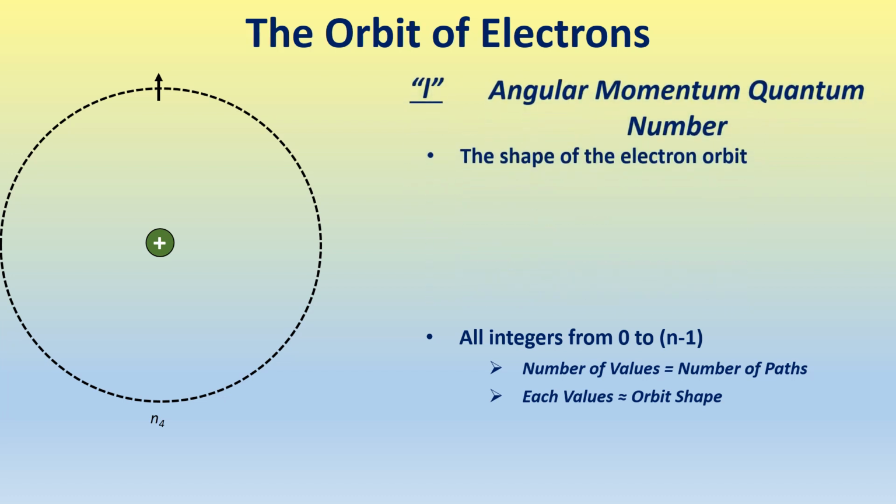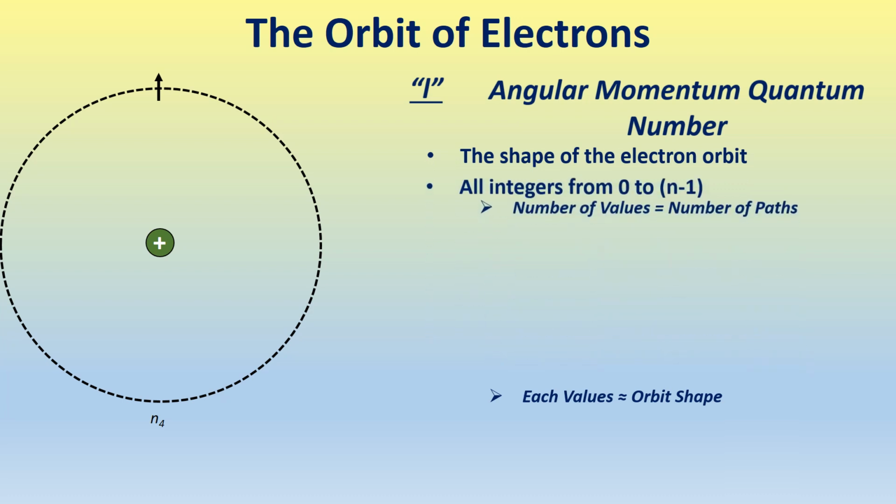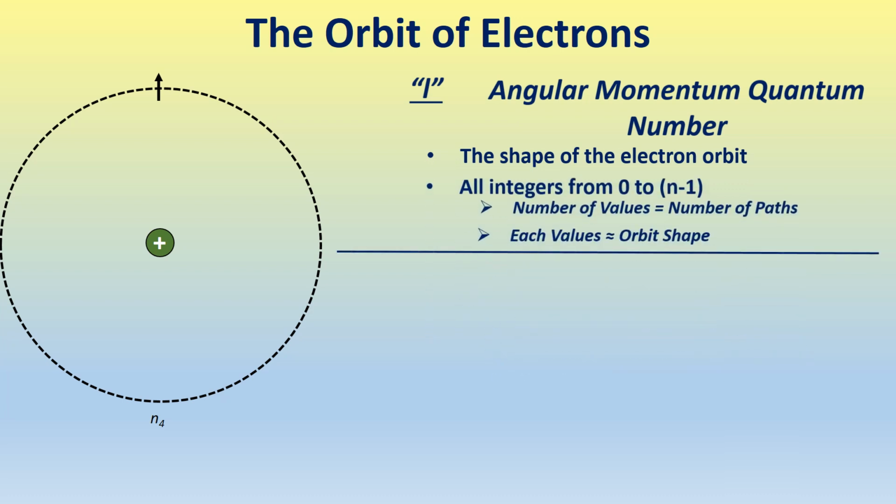If one looks at a given distance at an energy level, at n equals 4, that means l can have the following numbers. l can be anything from 0 up to n-1, so it can have a value of 0, 1, 2, or 3. l equals 0 is what's called an s orbital.